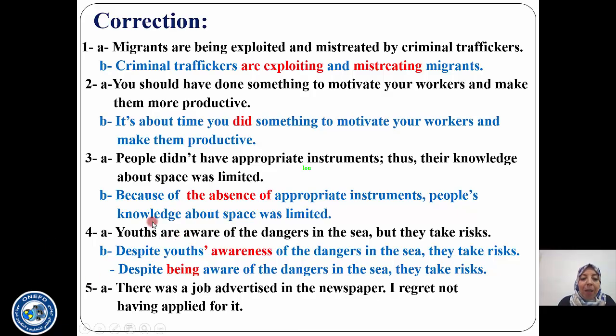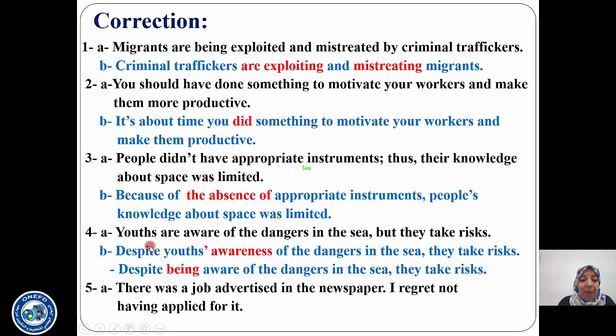If the verb is in the past, first turn it into the infinitive and then add ing to get the gerund. Now there is one condition to be able to use this form, the gerund here: despite being aware of the dangers in the sea, they take risks. The condition is that the subject in the second sentence and the subject in the first one should be the same.